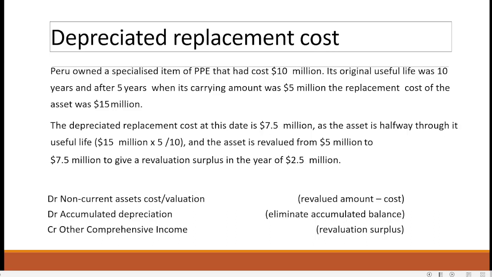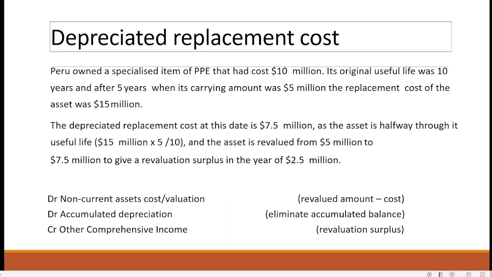So the original value was 10, now the replacement value is 15, and half of the life is already finished. So the written down value of the replacement will be now about 7.5 million, halfway down. So now the asset is revalued from 5 million to 7.5 million.